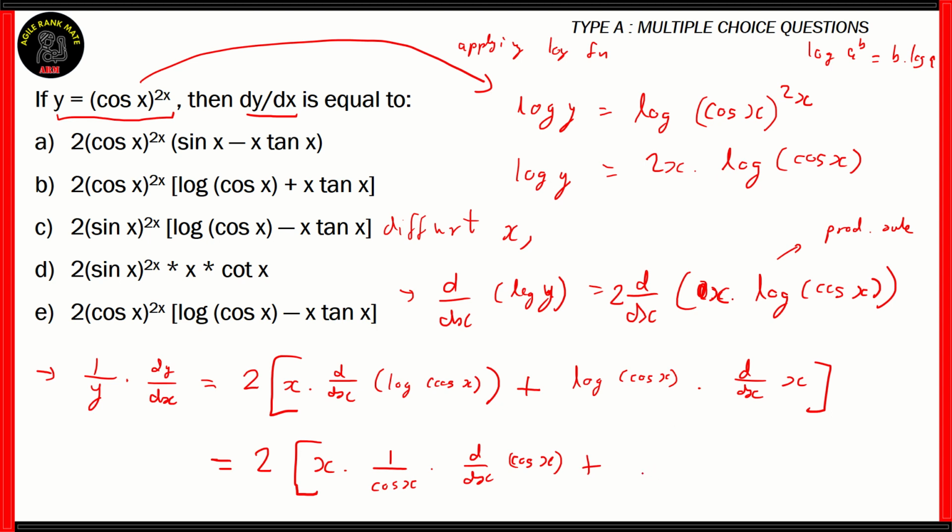Now, since d by dx of x is 1, we would only have to write log of cos x. This 1 is a constant, so 1 times anything remains whatever that is.